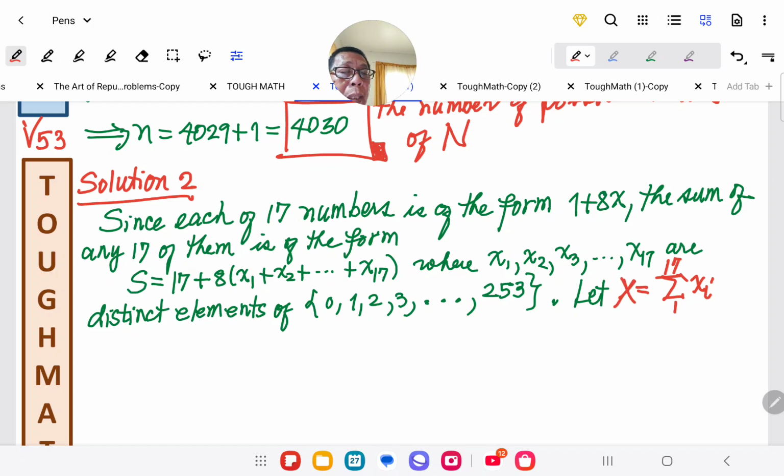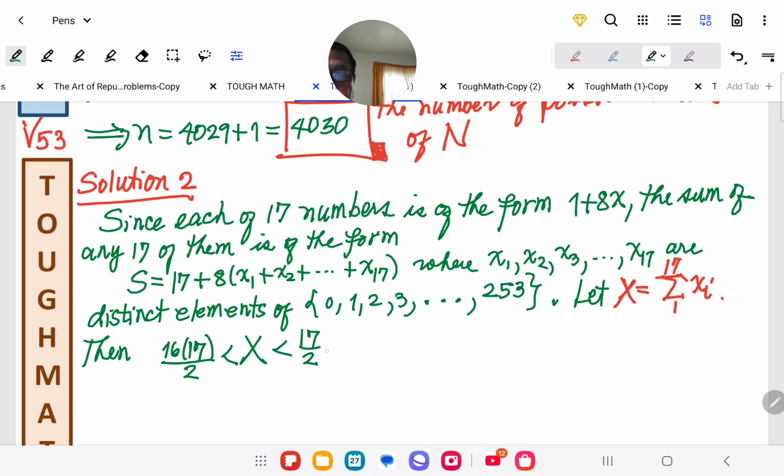This is capital X. Then X is between these two numbers. 16 times 17 over 2, that's the smallest possible value of X. And the largest possible value of X is 17 over 2 times 253 plus 237.